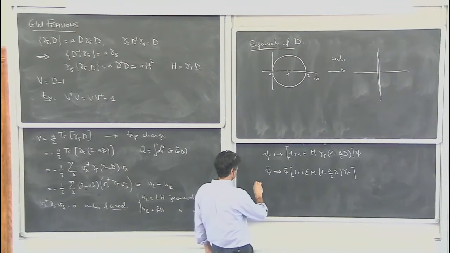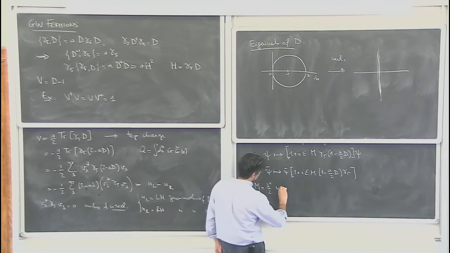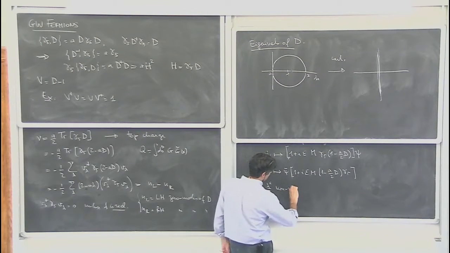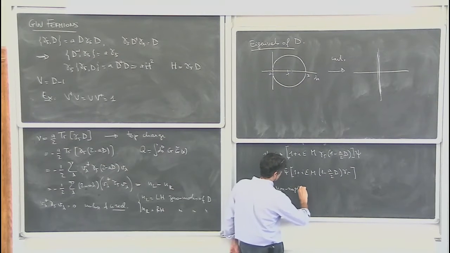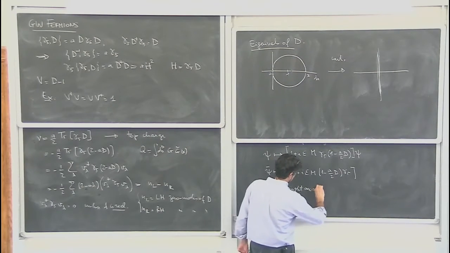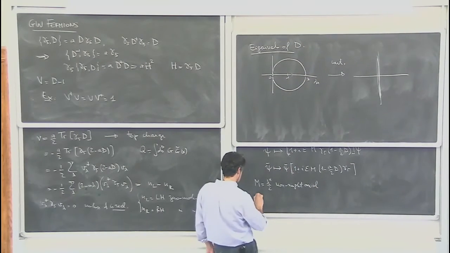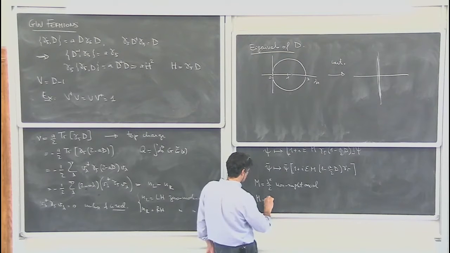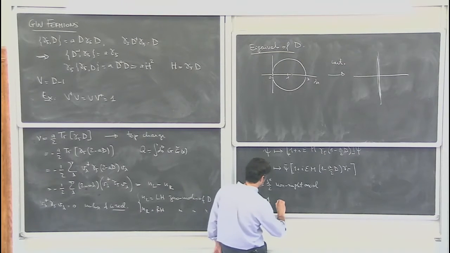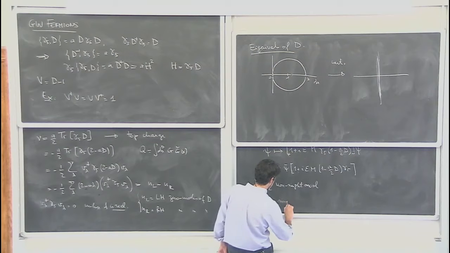So when M is lambda a over 2, we get non-singlet axial transformations. And if M is equal to the identity, we have singlet axial transformations.